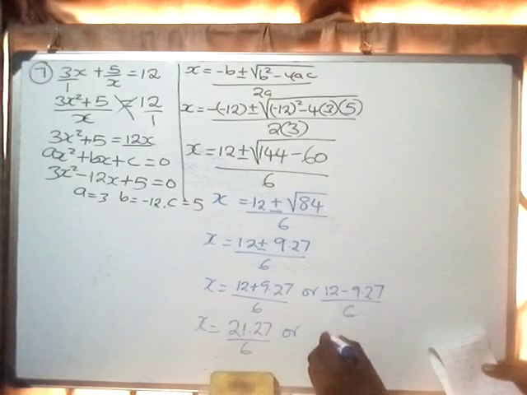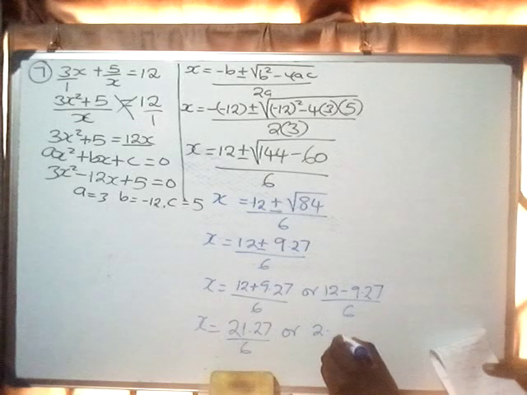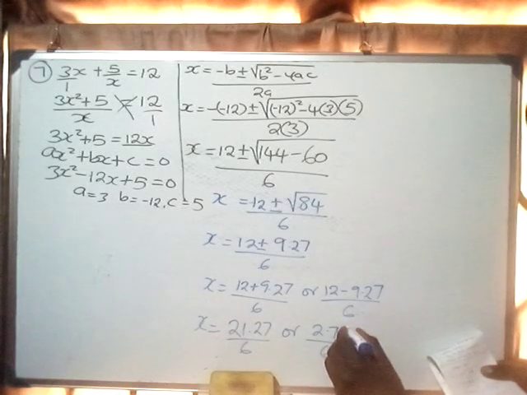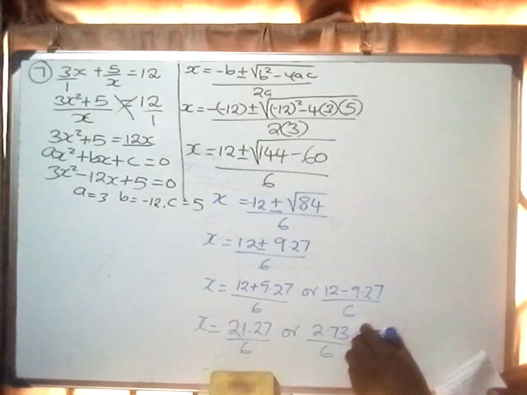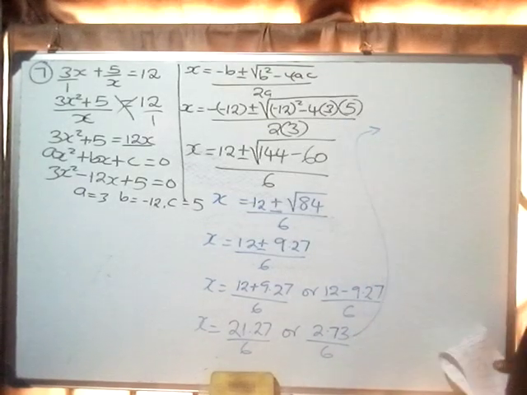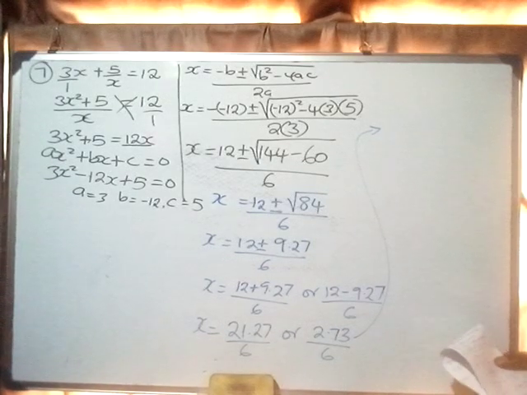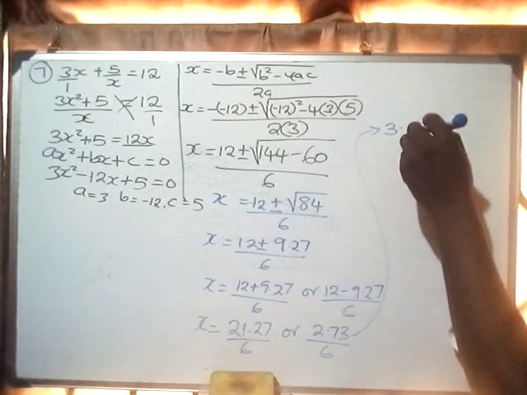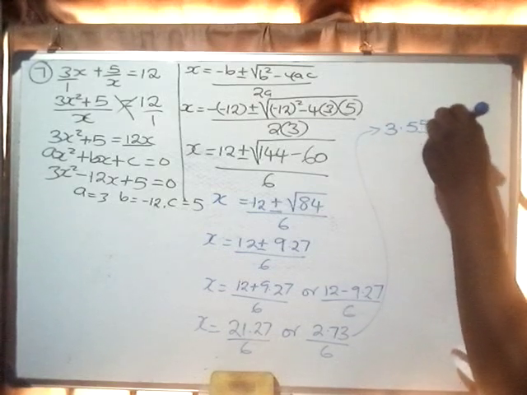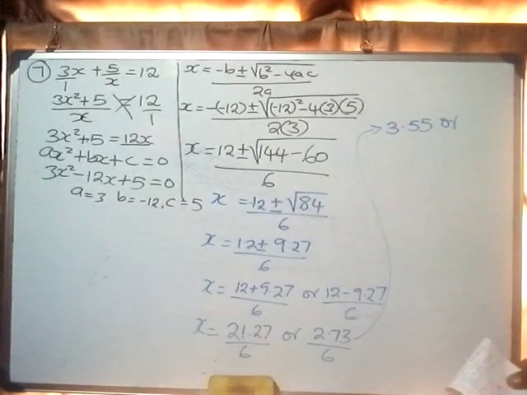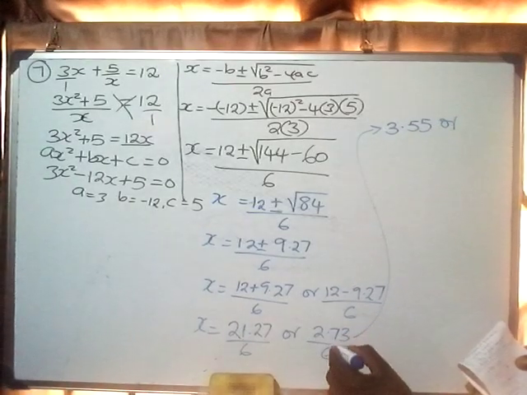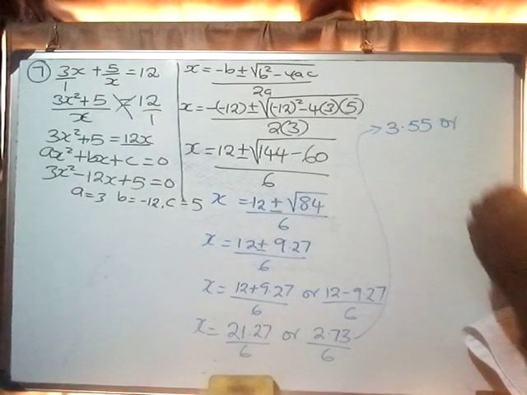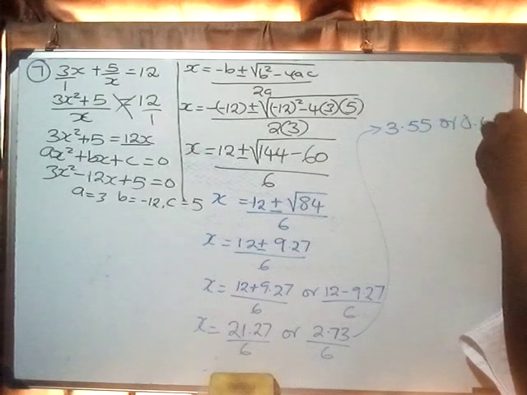Or to the other side, we are going to have 2.73 over 6. If we move that way, 21.27 divided by 6, we are going to have 3.55. Or 2.73 divided by 6, the answer is 0.43.